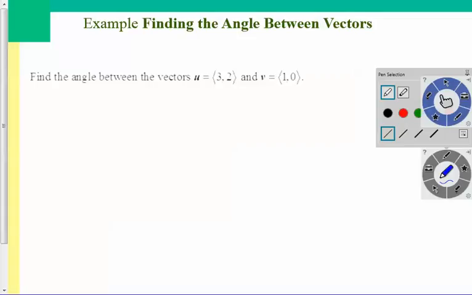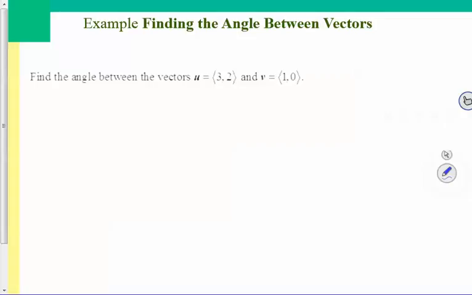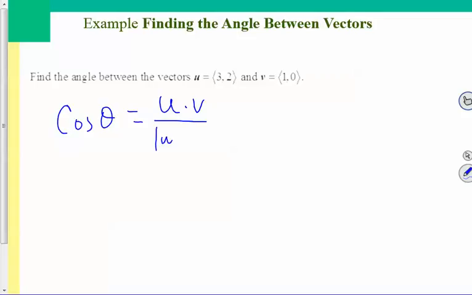So let's try a sample problem using that principle. Find the angle between the two vectors u and v. The cosine of theta is equal to u dot v over the magnitude of u times the magnitude of v.